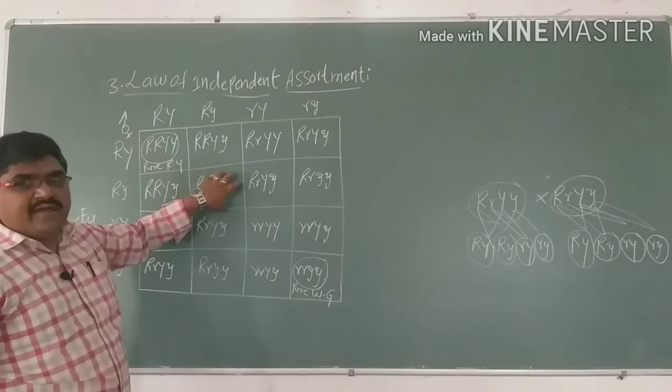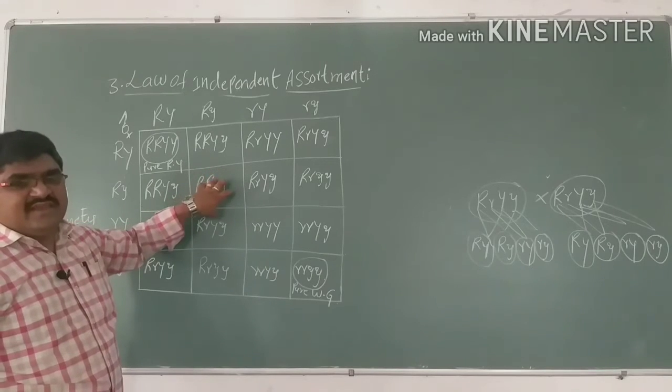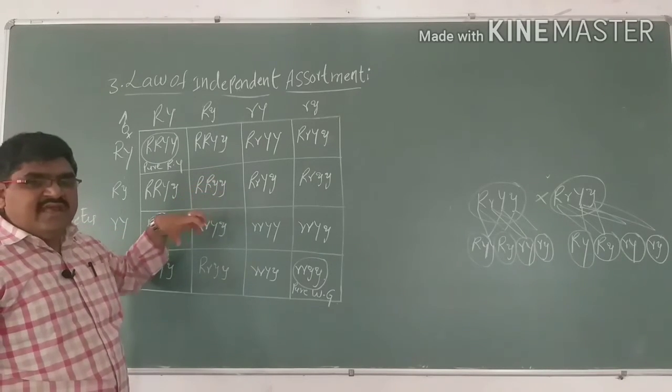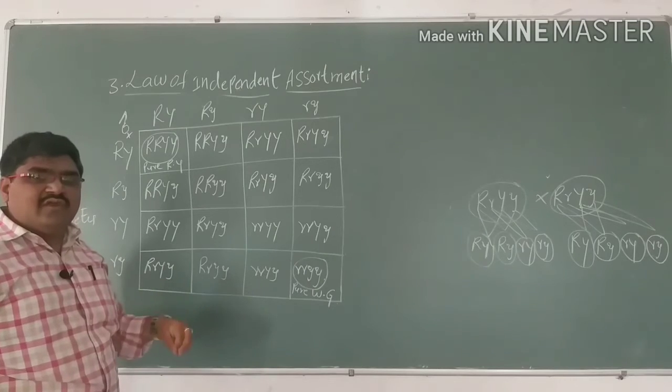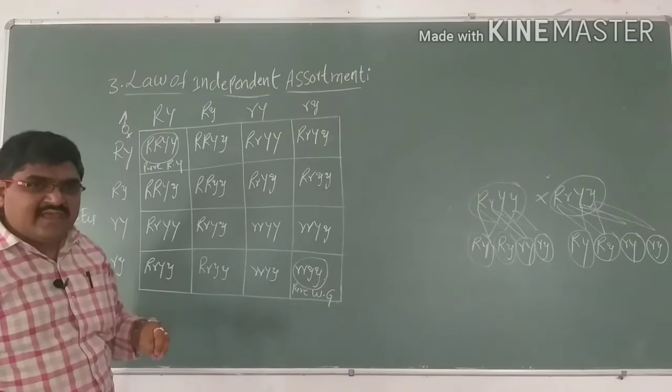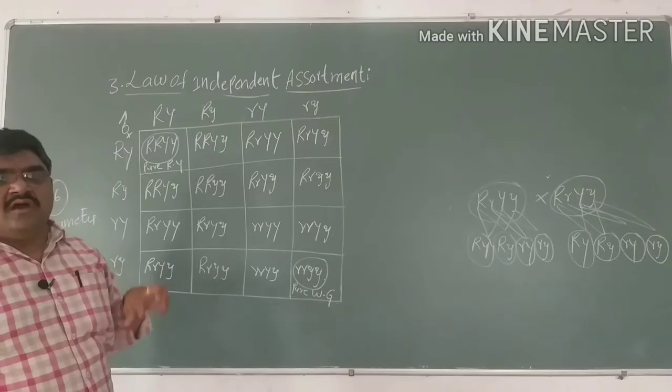So we can call them genetic recombinants. Each character expresses independently during segregation.